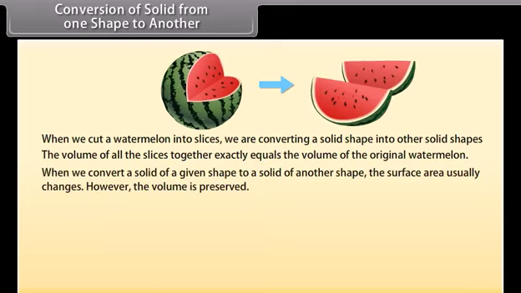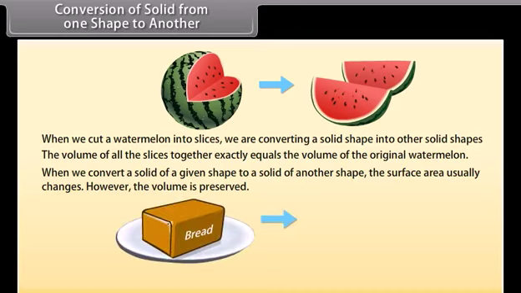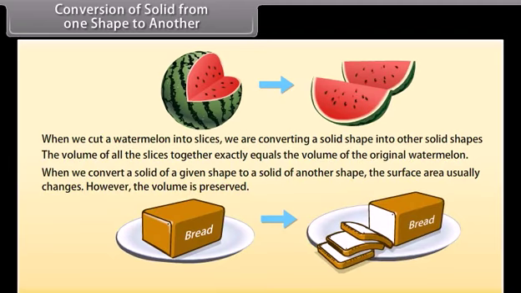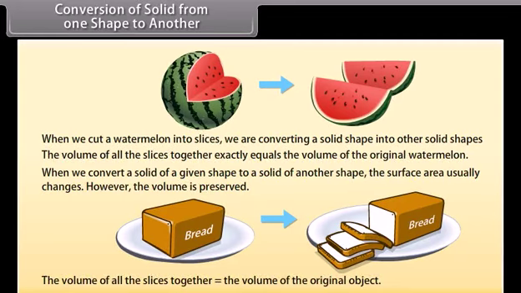When we convert a solid of a given shape to a solid of another shape, the surface area usually changes. However, the volume is preserved. Similarly, in case of cutting bread into slices, we convert a solid shape into other solid shapes. The volume of all the slices together exactly equals the volume of the original object.